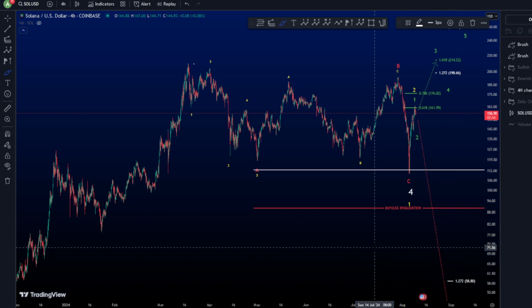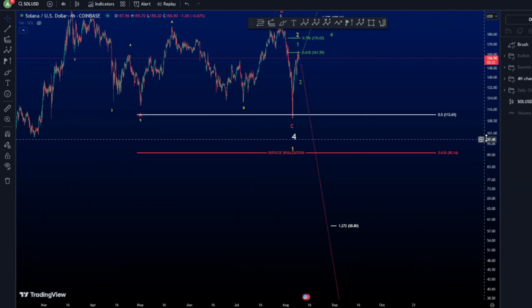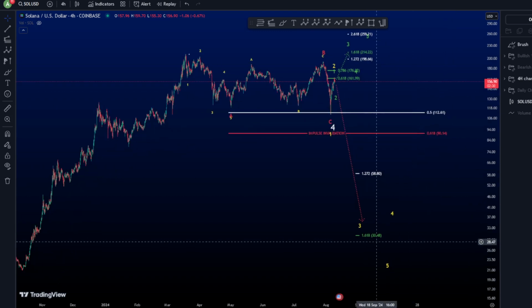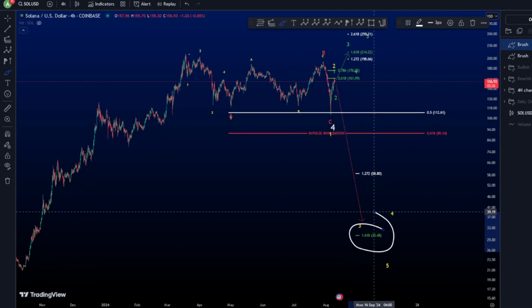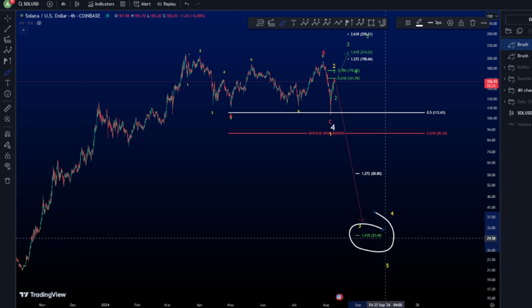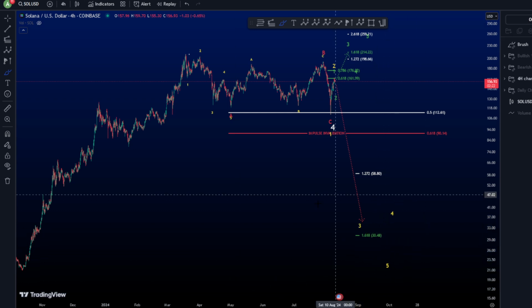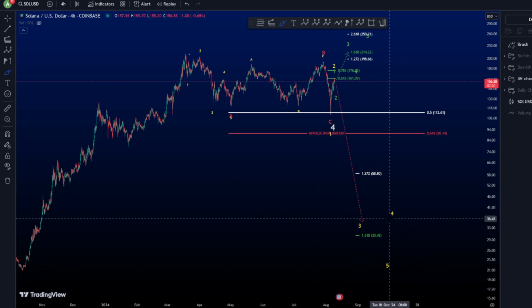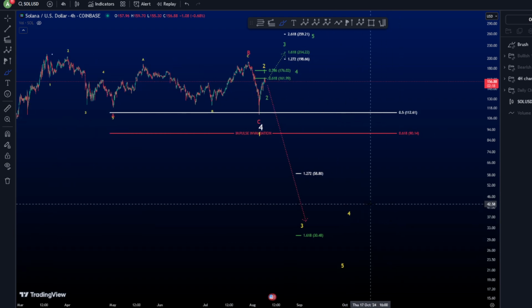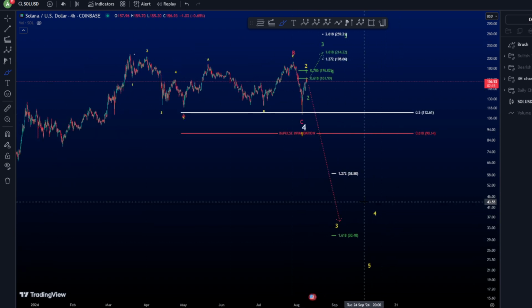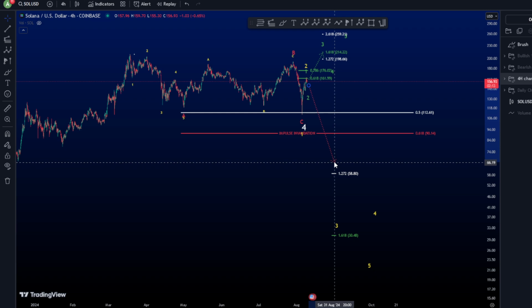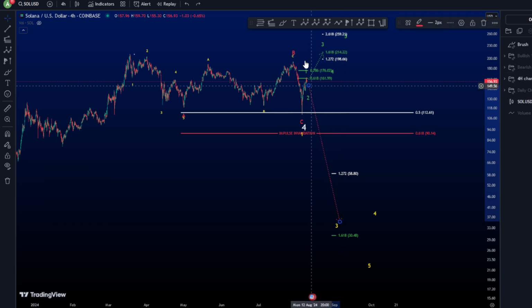This is our bearish scenario where we are looking for a 1.618 towards the downside, which brings us back to $30, which is a very low possibility, guys. So far, as I showed, the higher possibility is for the bullish.